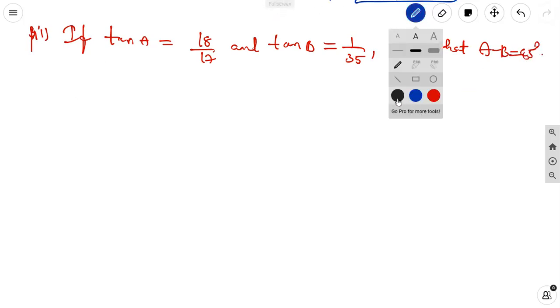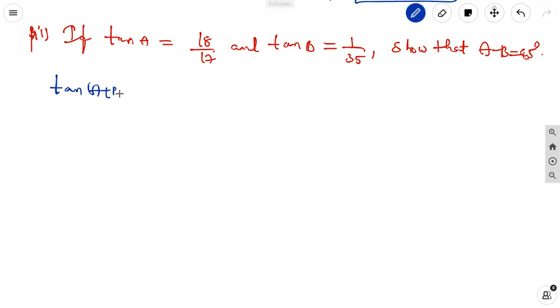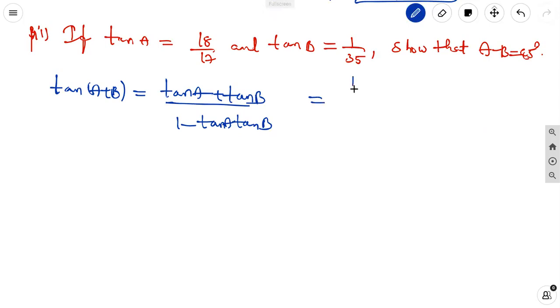Again, we can apply the same formula, that is tan of A plus B equals tan A plus tan B by 1 minus tan A into tan B. But here you can see A minus B is there, so we correct it.